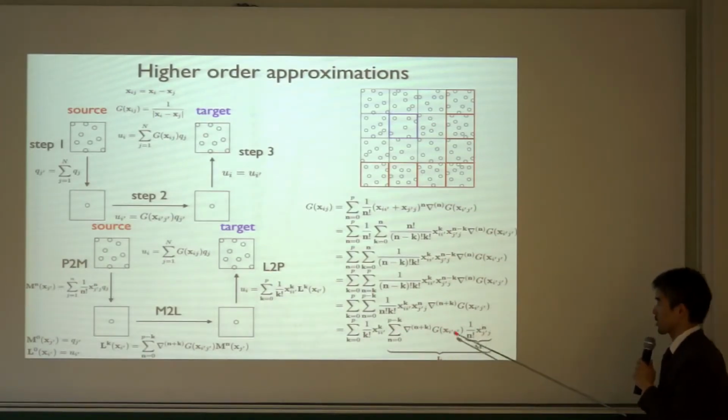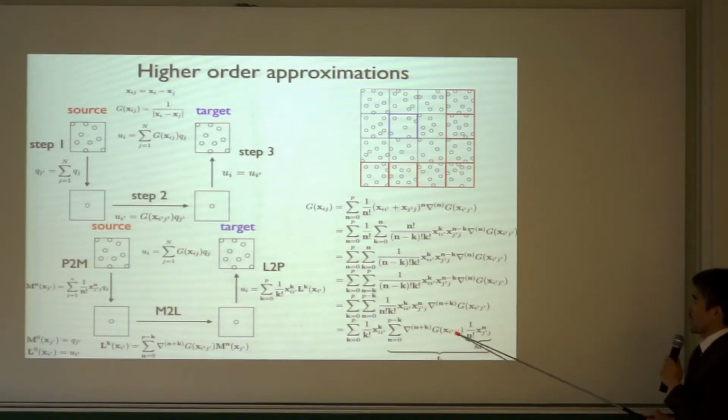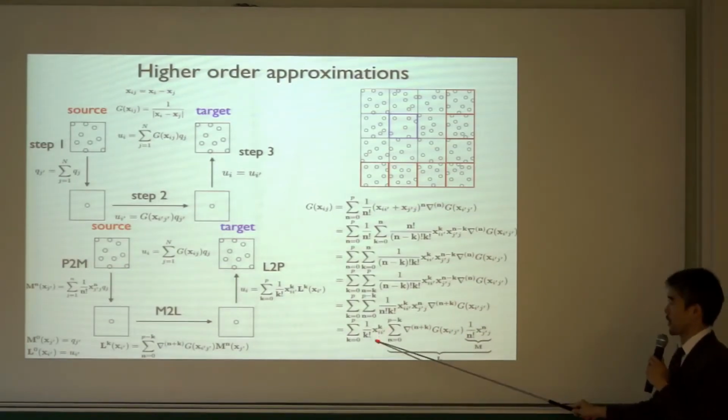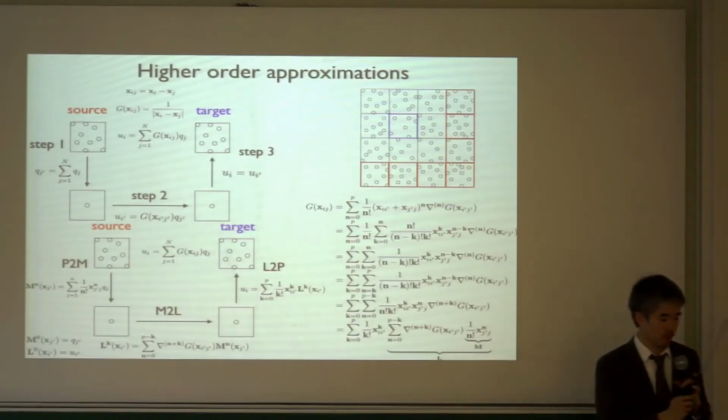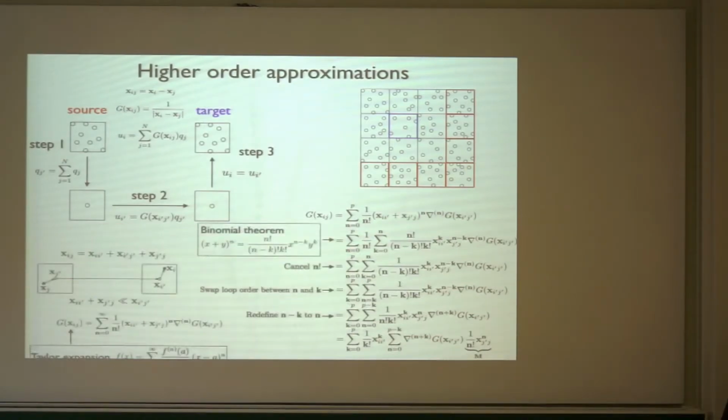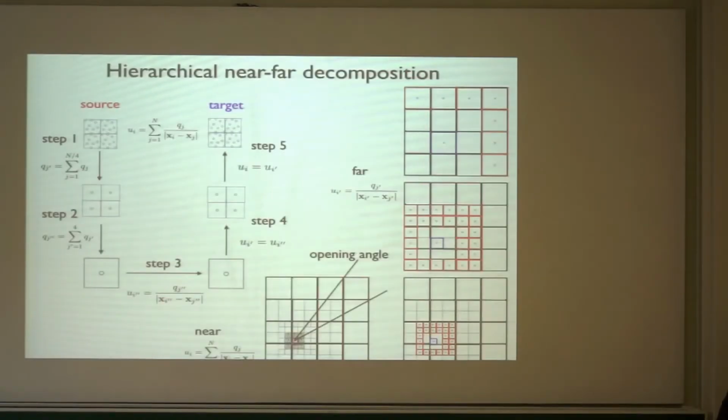As long as xi prime j prime is larger than the sum of xi i prime plus xj prime j. That was the condition we saw earlier when we first introduced this.